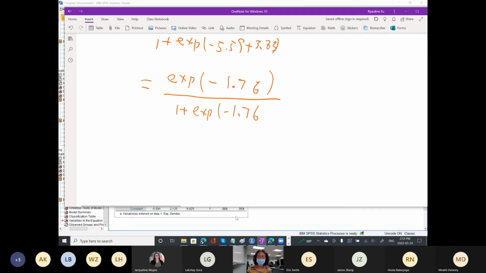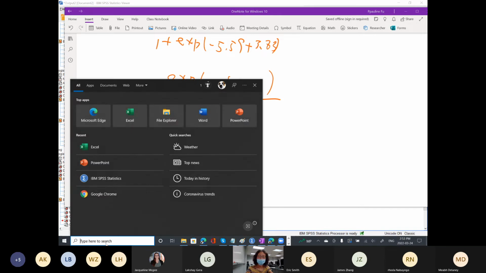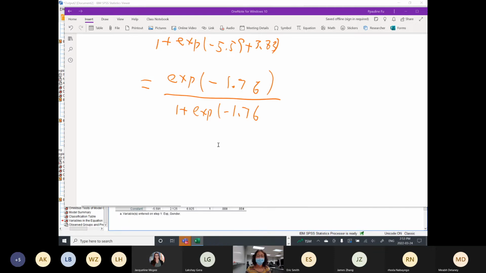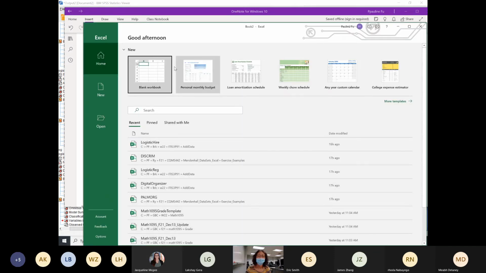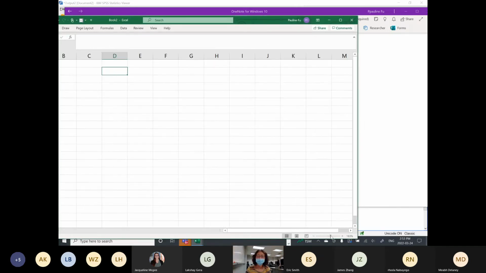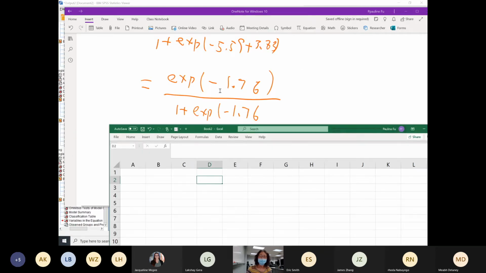So how do I do this? Excel. Where's my Excel? So I want to calculate that. So equal EXP of negative 1.76 over 1 plus EXP of negative 1.76, so 0.146.